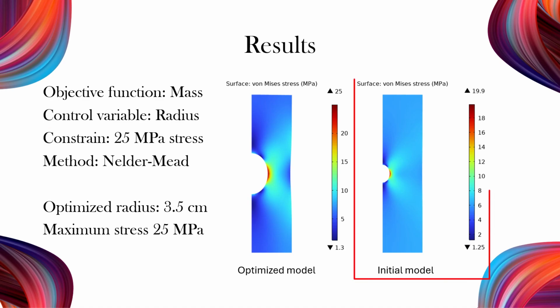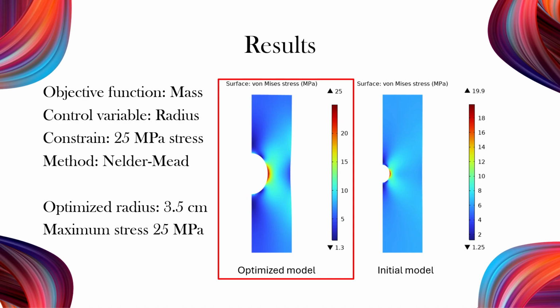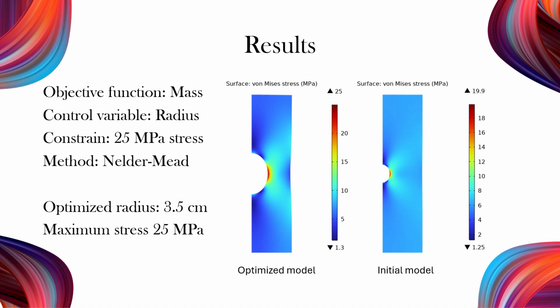The figure on the right shows the initial model solution, and the figure on the left shows the model after optimization. The Nelder-Mead method is used for optimization. After the process, the hole radius increases from 1.5 centimeters to 3.5 centimeters, and the maximum stress reaches exactly 25 megapascals. The explanation is now complete.